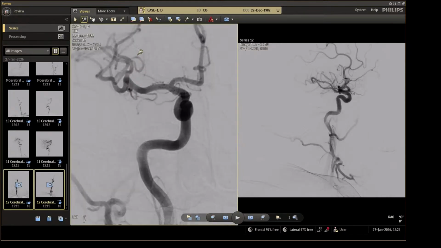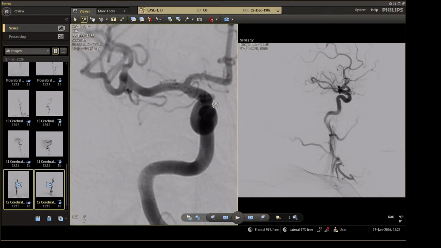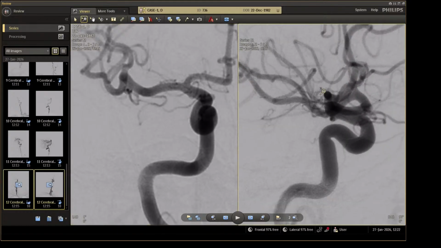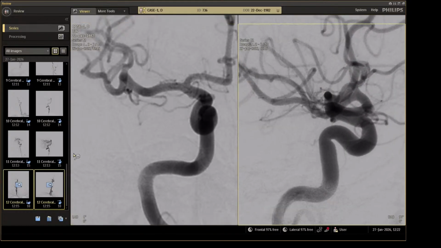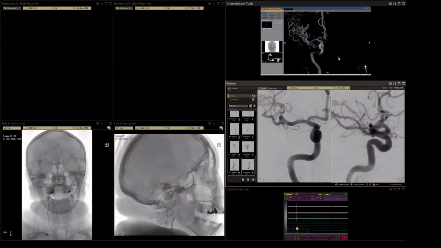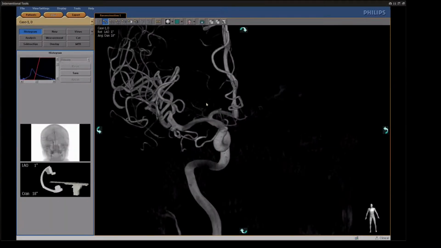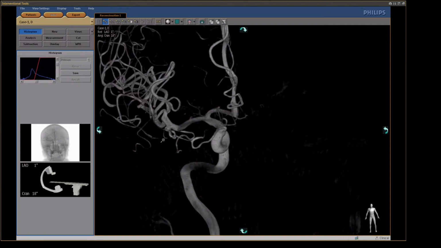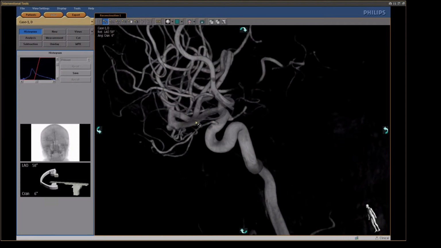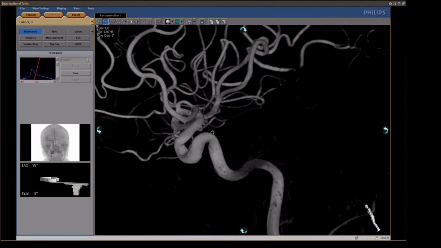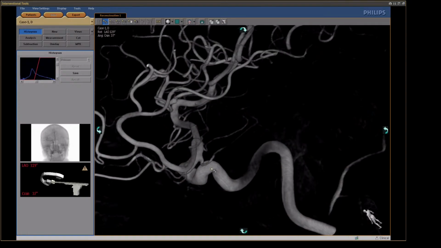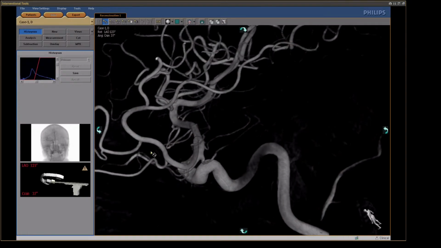This is the ruptured one, the early temporal branch aneurysm. Let's see on the 3D. There are no other aneurysms. This is an infundibulum of the PCOM.